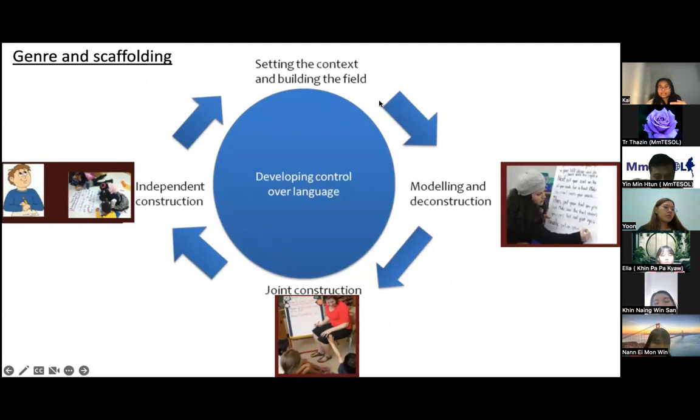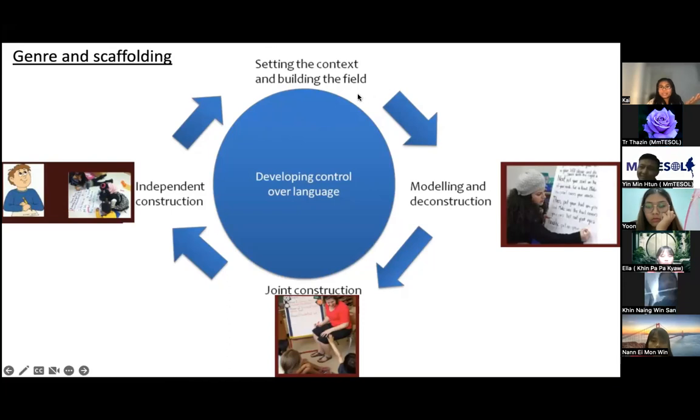We set the context, we build the field. That means in this stage, we give the students the content ideas. We will probably give the students some reading and listening tasks, and also some speaking activities.